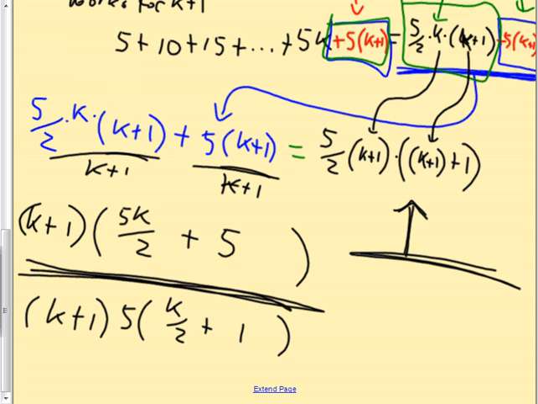So, what do you think? I'm trying to get this to look like this. I got the k plus 1 out. It'd be nice if I could get the over 2 out somehow. Multiply everything by what?